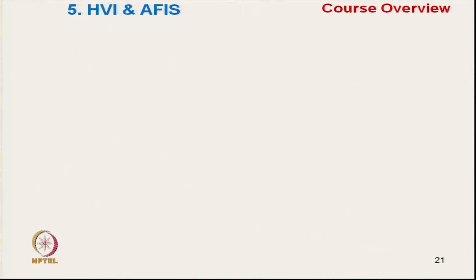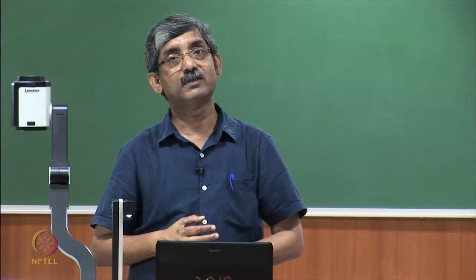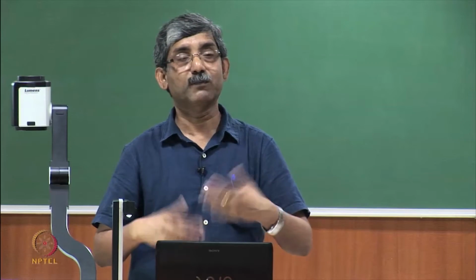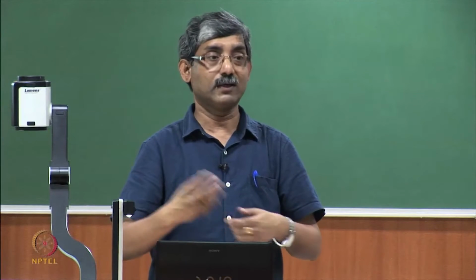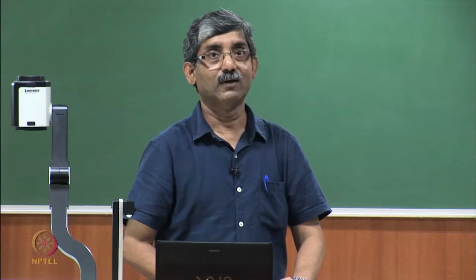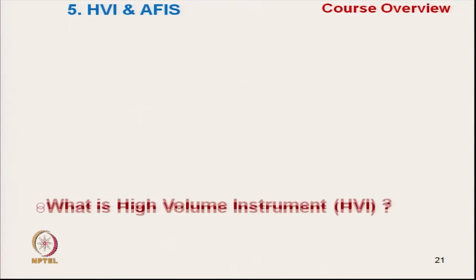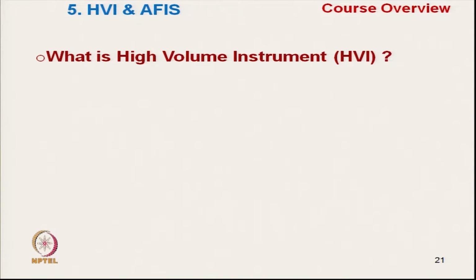Next we will discuss basically two methods which are very popular for quick data. One is called the high volume instrument, HVI, where we test a number of characteristics together, not a single one.